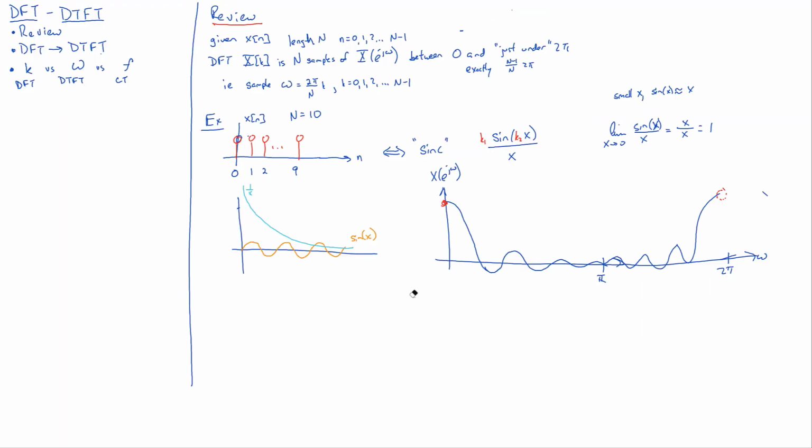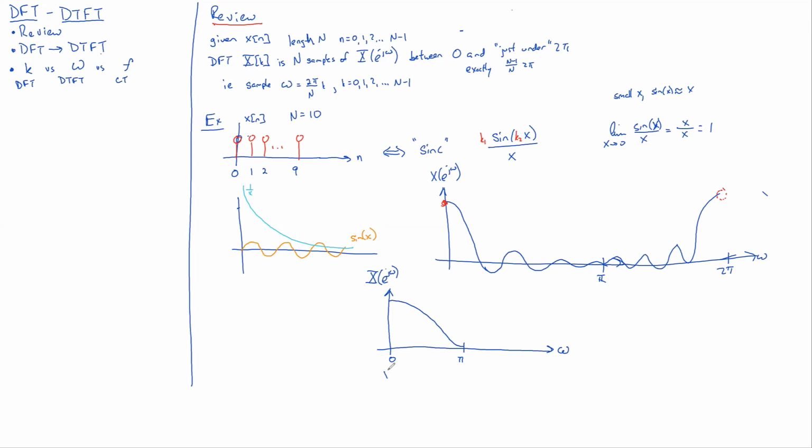Something else I want you to notice. Since the DFT is a sampled DTFT, let me draw a typical DTFT, maybe for a low pass filter. So it'll look something like this, between 0 and pi. And of course, we're plotting the DTFT with respect to the continuous variable omega.